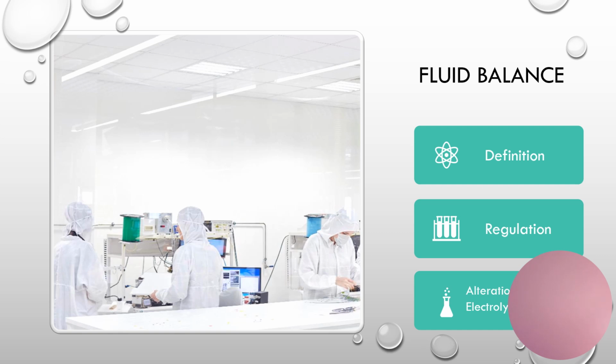With an electrolyte imbalance, especially potassium, magnesium, and calcium, we can have cardiac dysrhythmias. Another complication would be impaired cerebral function.